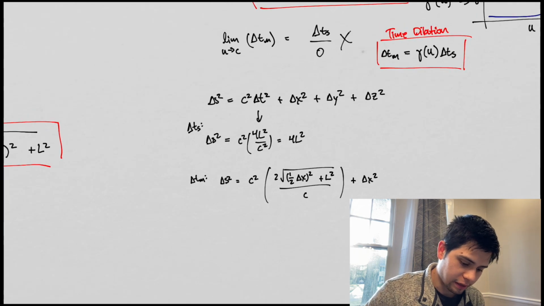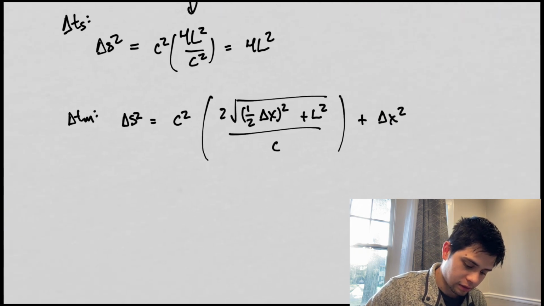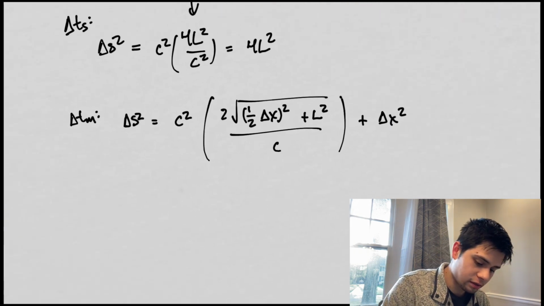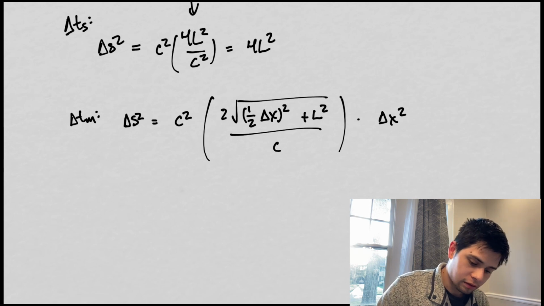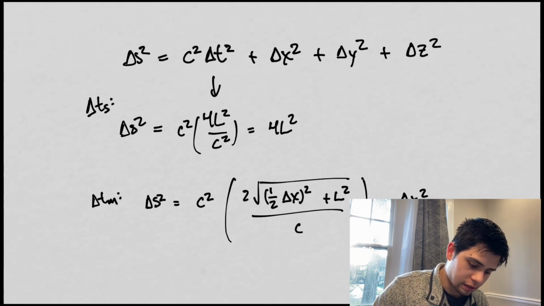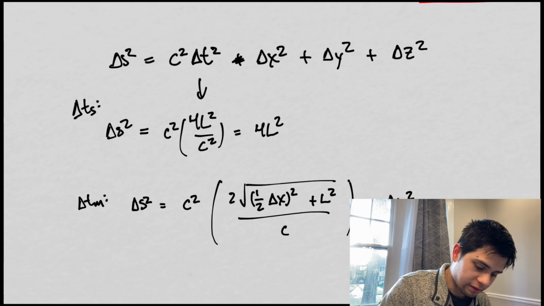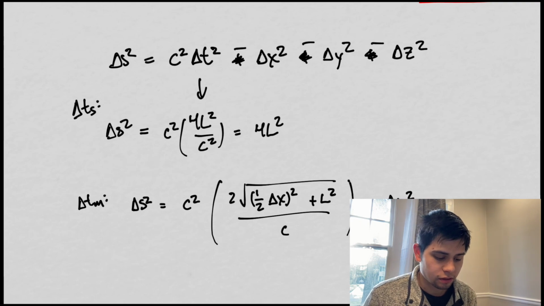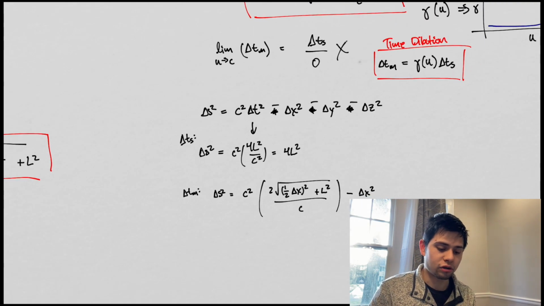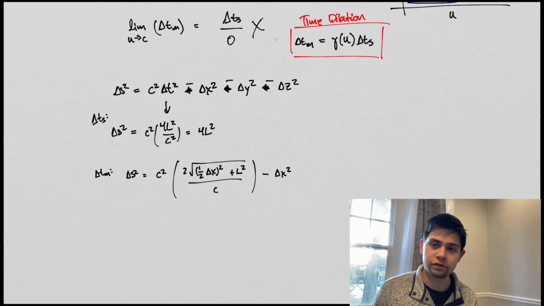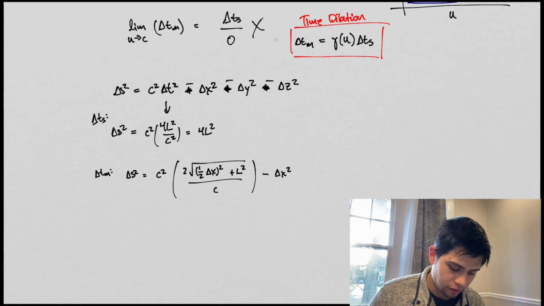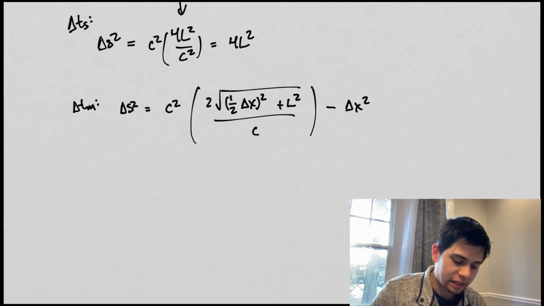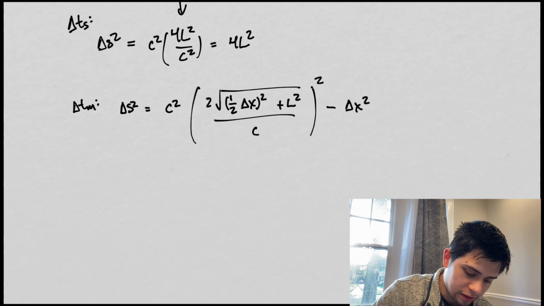And now that I am looking at this, I'm realizing this has to be a minus, and these guys have to be minus also. Those are minus signs, because we're looking at this non-trivial structure of spacetime. And this has to be squared.